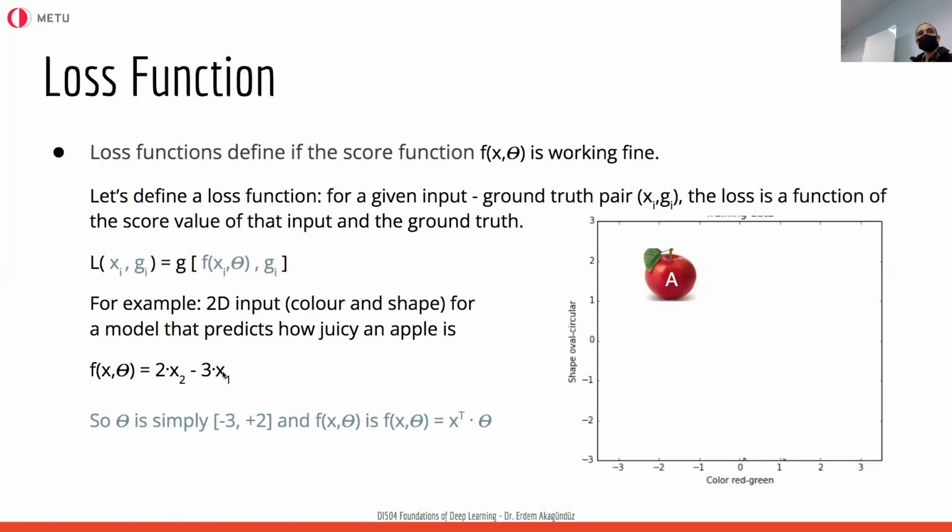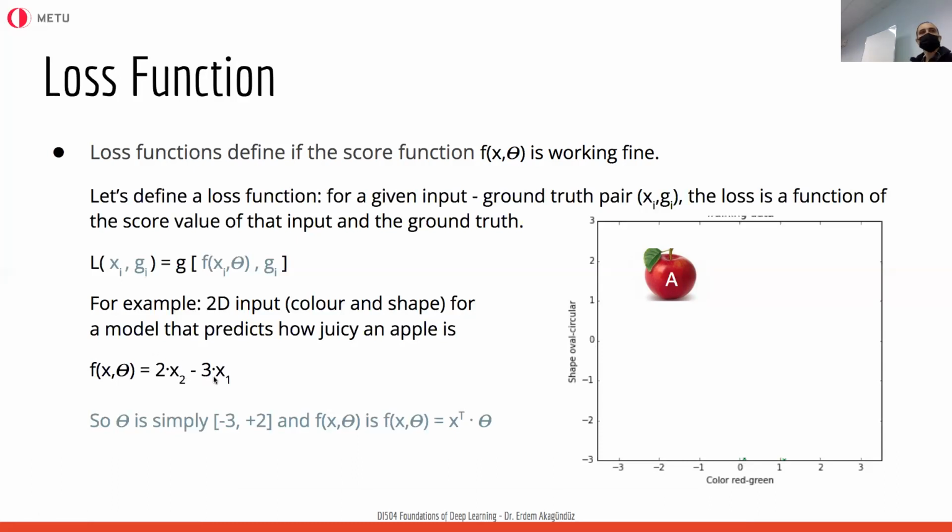These are like the dimensions of the feature space. Remember, as x1 gets larger, it's greenish, and as x2 gets larger, it is spherical. So I'm defining an appleness measure.